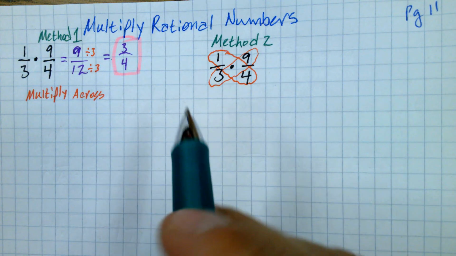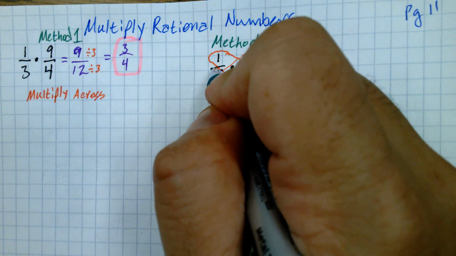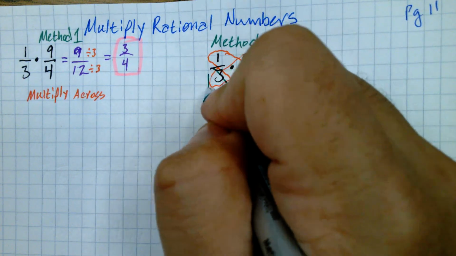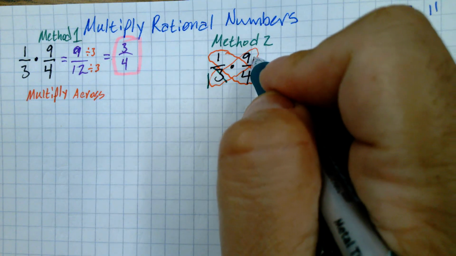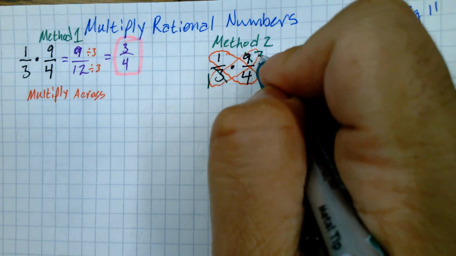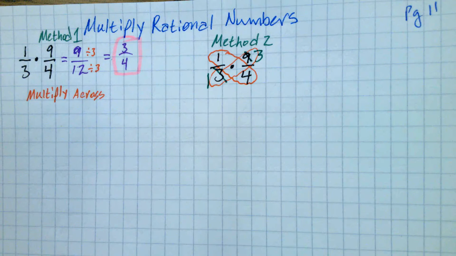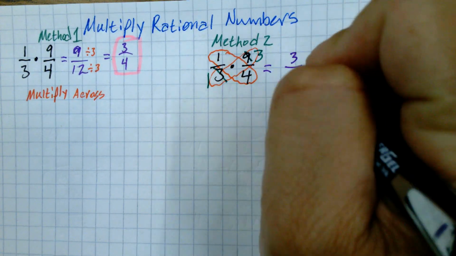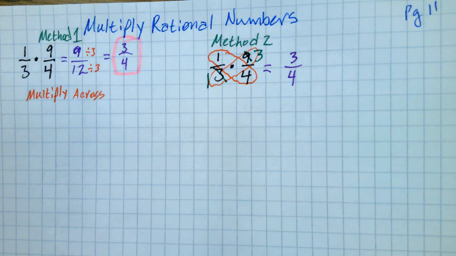You take 3 and divide it by that common factor 3, which 3 divided by 3 is 1. Do the same thing with 9. Divide 9 by that common factor 3, you get 3. So now you've got smaller numbers and you multiply across with those. So we get 3/4, which is the same answer, which we should get.